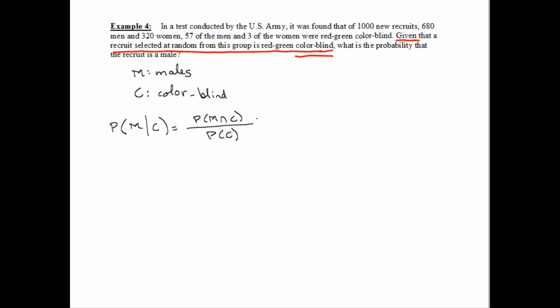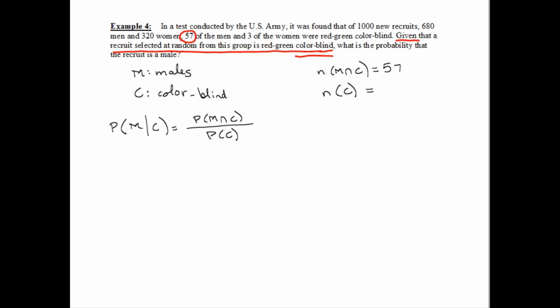Okay, so how many are in M intersect C? These people have to be both male and colorblind. Well, which ones are they? Looks like these 57 people are male and colorblind. And how many are in C?